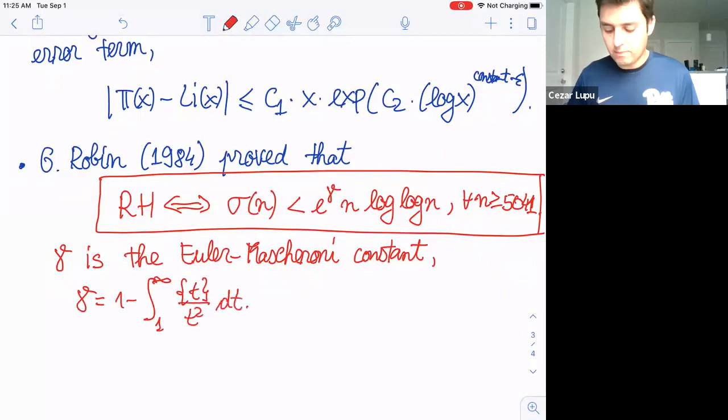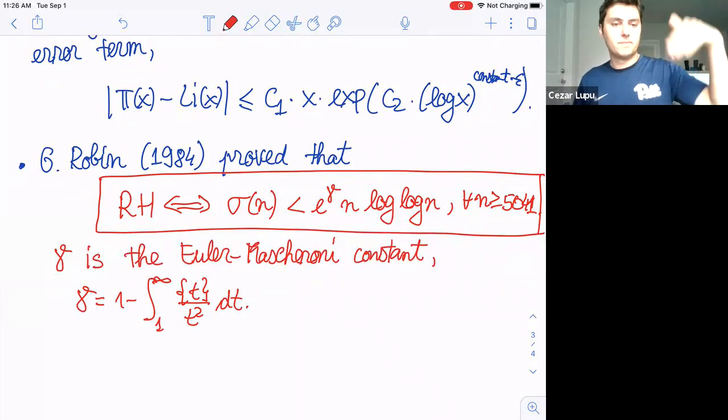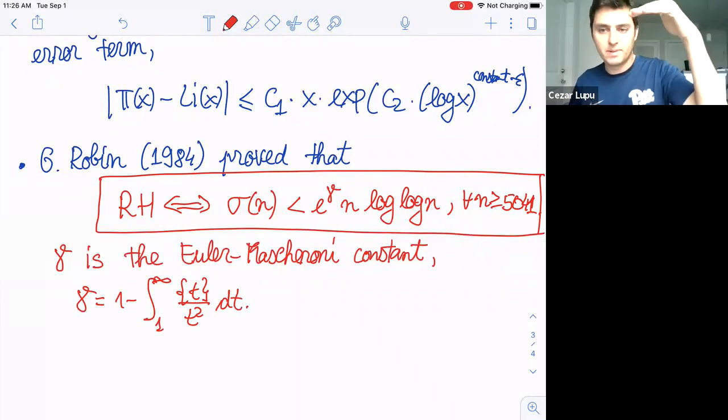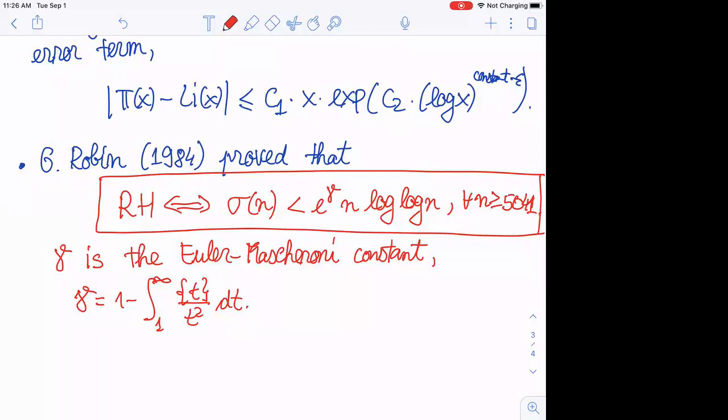Starting from this, by breaking that integral into step integrals, you can write this gamma constant in terms of the harmonic sequence. Anyway, we'll get there. I'll explain the details immediately. Okay, thank you.